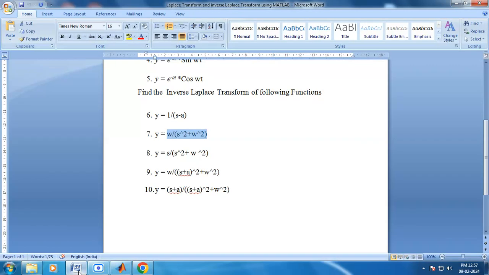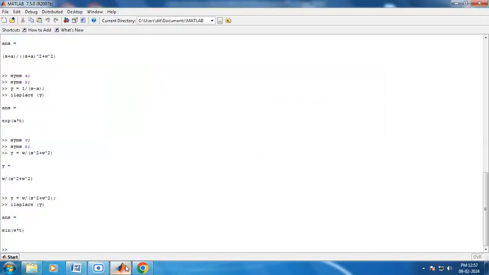Now we are taking the third example: y equal to s divided by s square plus omega square. In the same manner, here the variables are s and omega. So first define the variables s and omega at the Matlab command prompt.